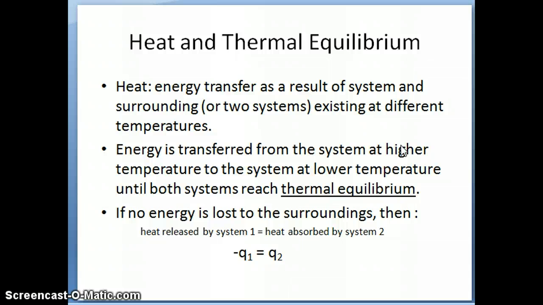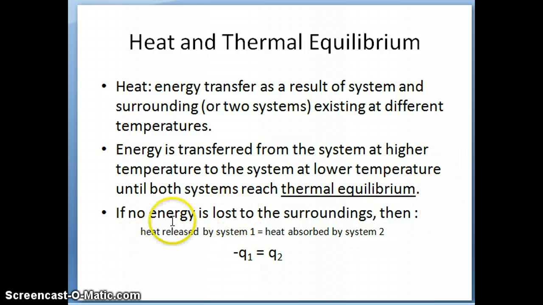The energy from the higher temperature will go into your body. This happens for all kinds of systems, and the energy transfer will occur continuously until both systems reach something called thermal equilibrium, which really just means that the temperatures are the same.